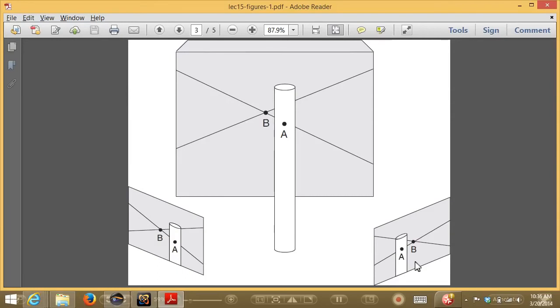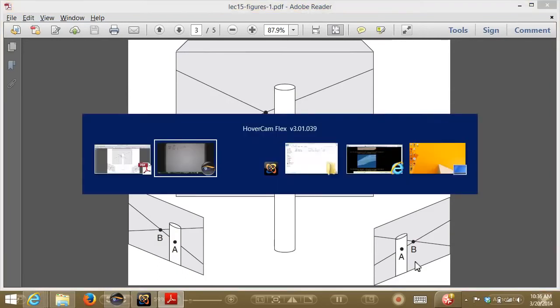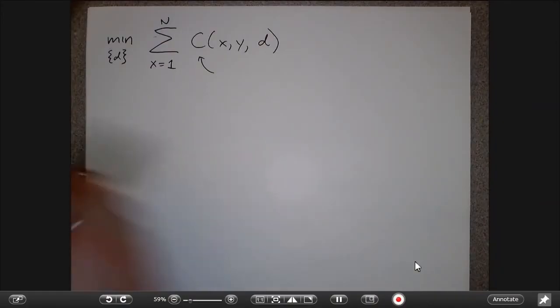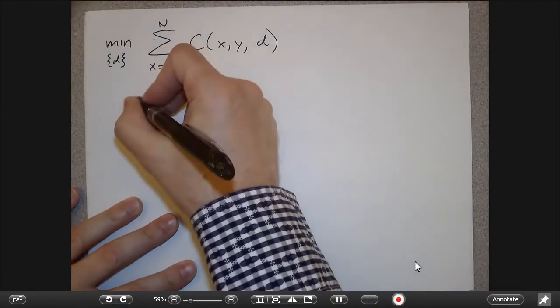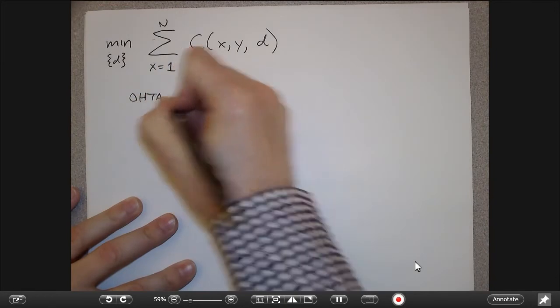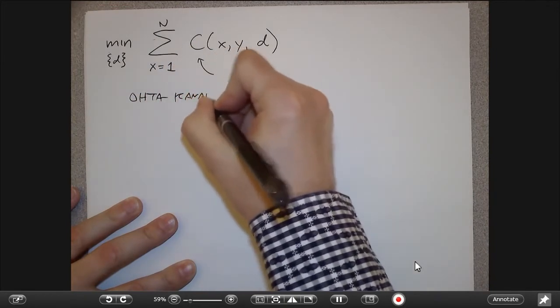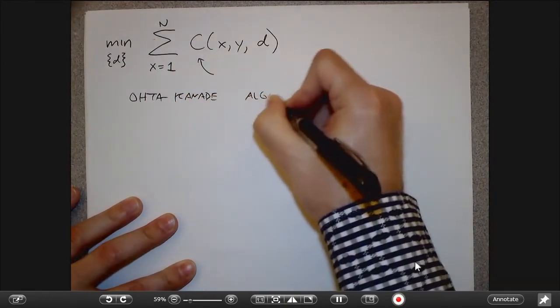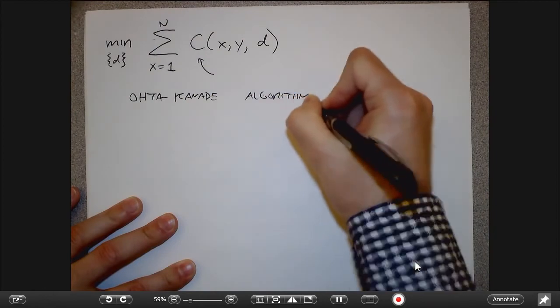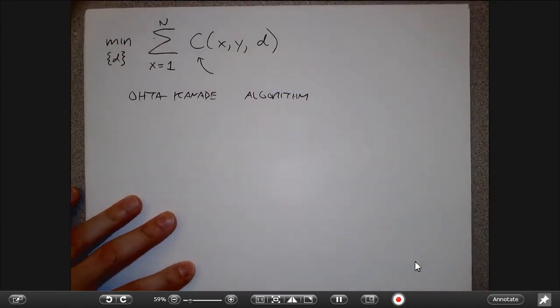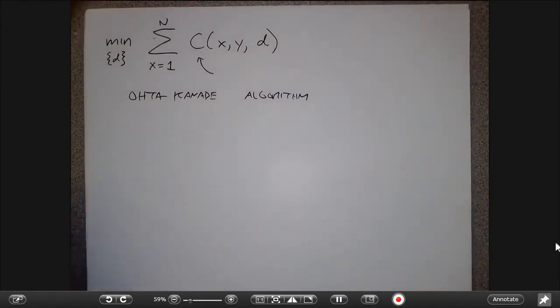So this algorithm, and I have to say that I spent a lot of time with this algorithm in grad school, so this is basically what I just described would be what I would call the Ohta-Kanade algorithm. But one issue with this is that I'm solving this dynamic programming problem fundamentally, the way I described it just now, independently at each scan line, right?